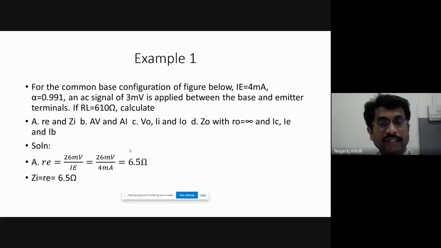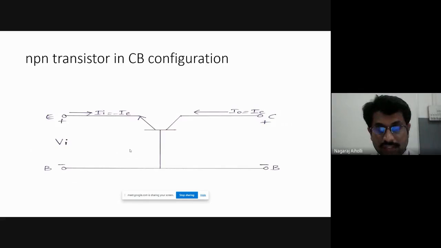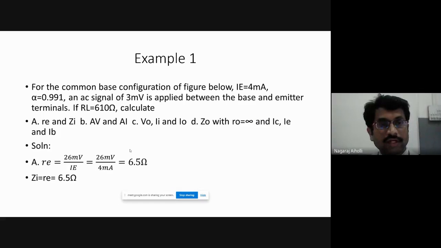For the common base configuration of the figure below, IE is equal to 4 milliampere, alpha is equal to 0.991, and an AC signal of 3 millivolt is applied between the base and emitter terminals.